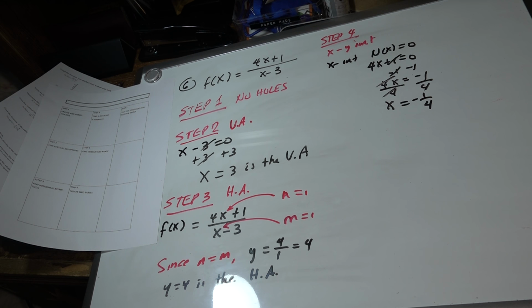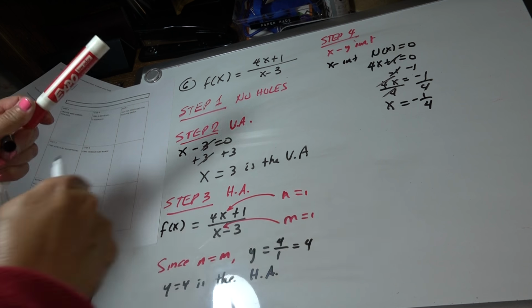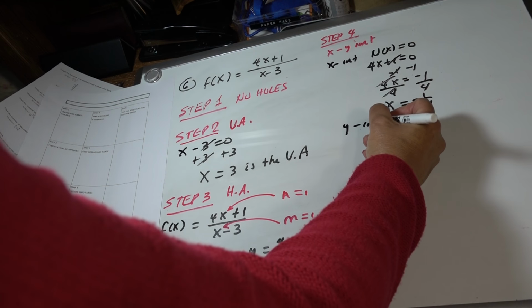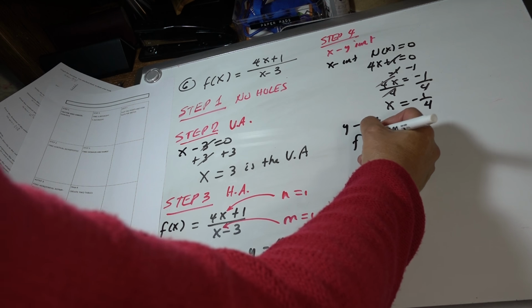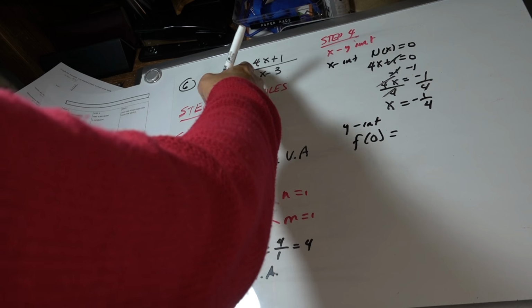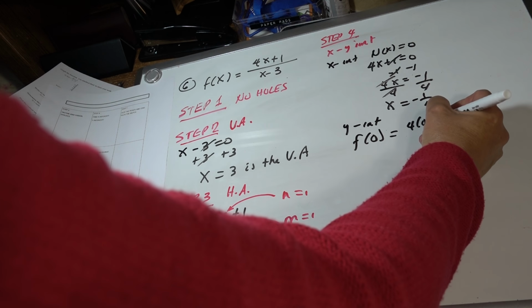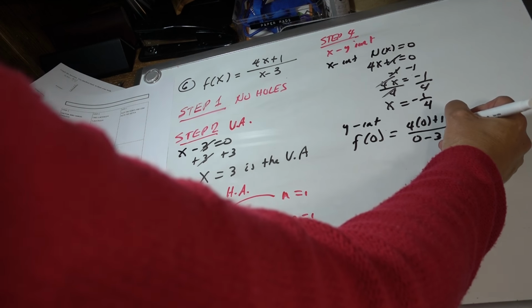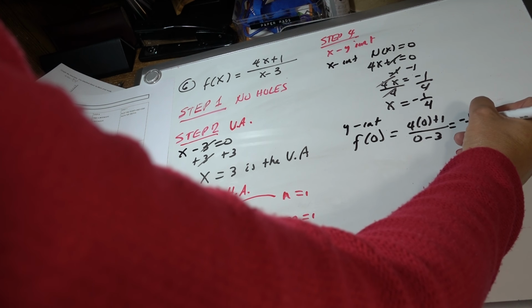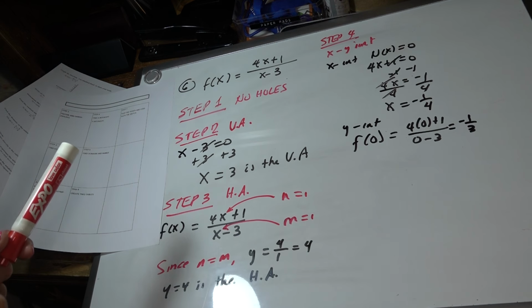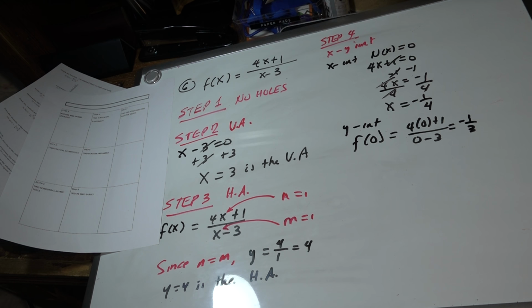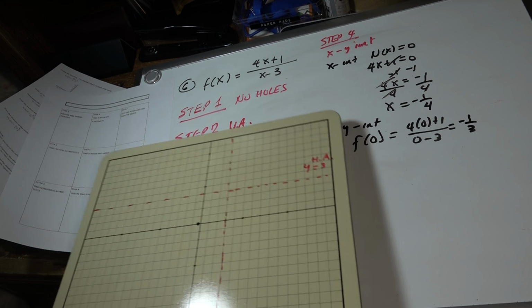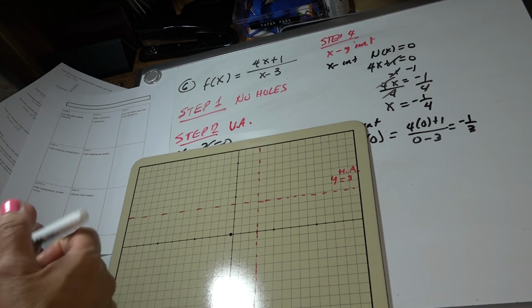The y-intercept is going to be f of 0, which is 4 times 0 plus 1 over 0 minus 3. This is the same as negative 1 over 3. I found another intercept, which is negative 1/3.